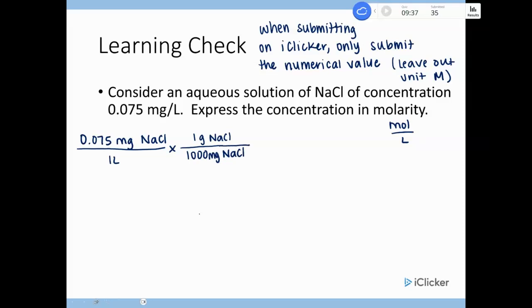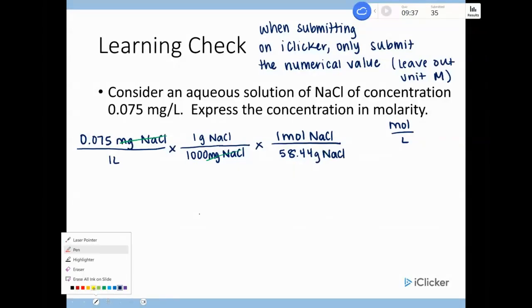So this fraction here cancels out milligrams of sodium chloride. And then converting to moles, 1 mole of sodium chloride is equal to 58.44 grams.